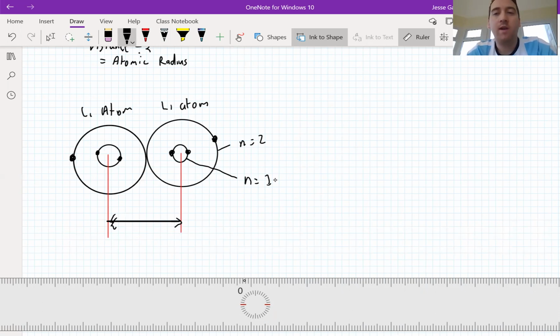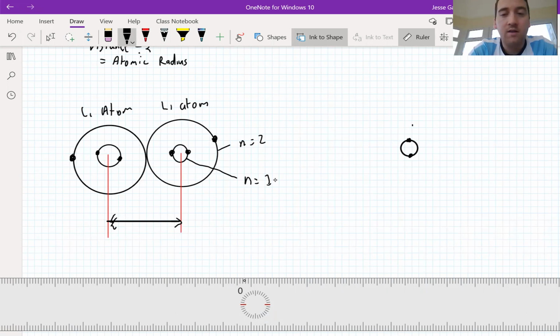Now, if we go in the periodic table in the same group as lithium, which is group 1, to the next one down, the next one down is sodium. So sodium also has 1 electron in the outer shell. So I'm going to draw 2 sodium atoms now. So this is a sodium atom. It's got 2 electrons in the first shell.